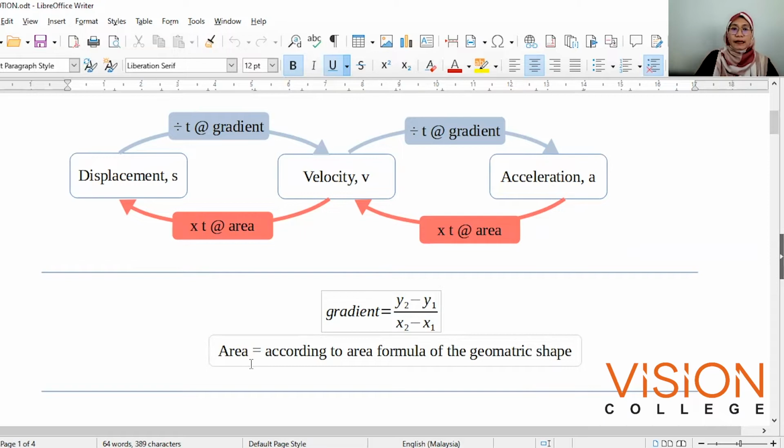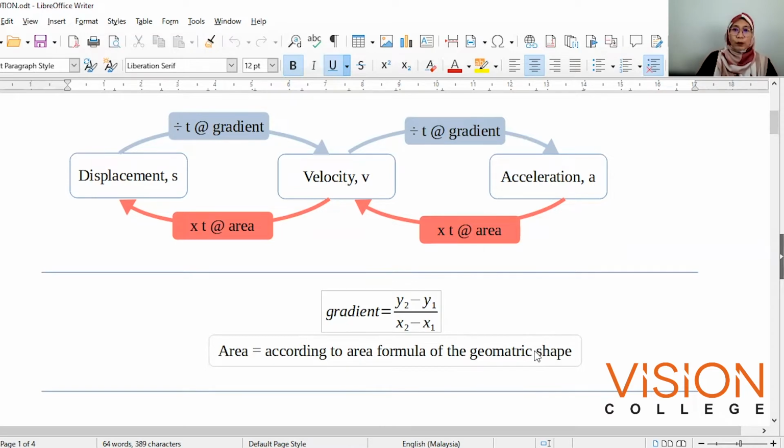While for the area, when we want to calculate the area, we have to look at the shape of the curve itself, the geometric shape. If it's a triangle, we have to follow the formula for the area of a triangle, for example half times length times height.